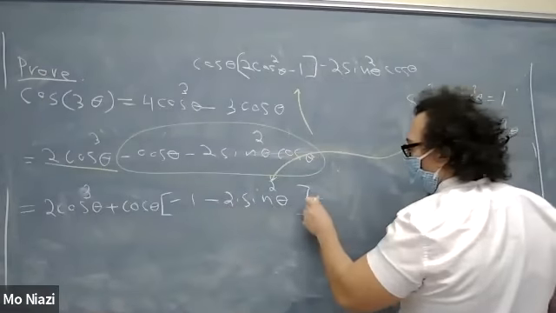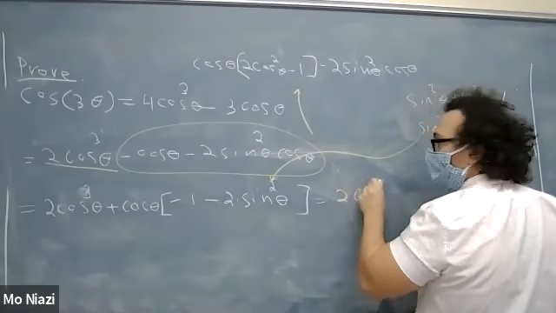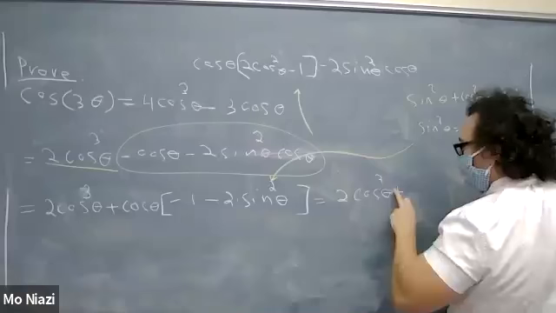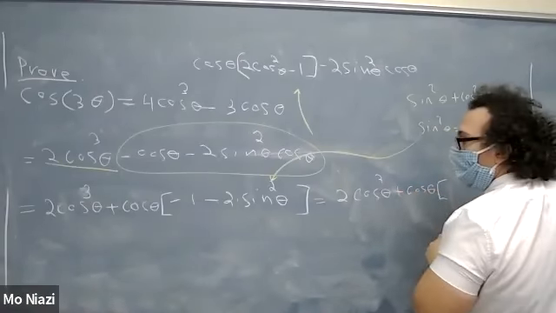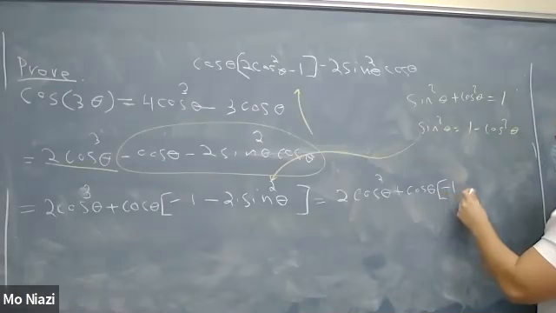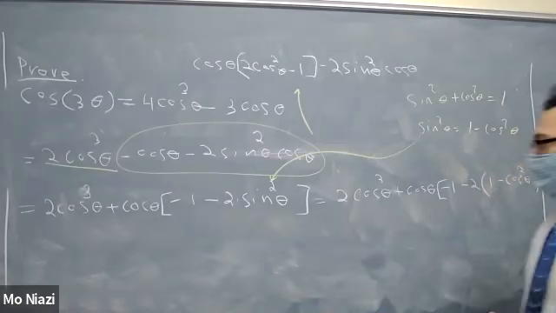So then I get this is equal to 2 cosine cubed theta plus cosine of theta times -1 minus 2 times what this is, sine squared theta. But that's really all 1 minus cosine squared theta, parentheses, close. Okay.